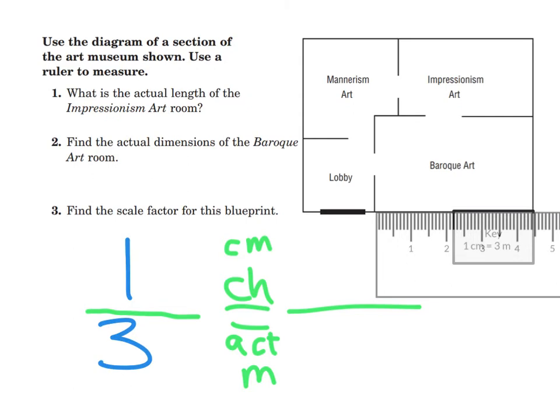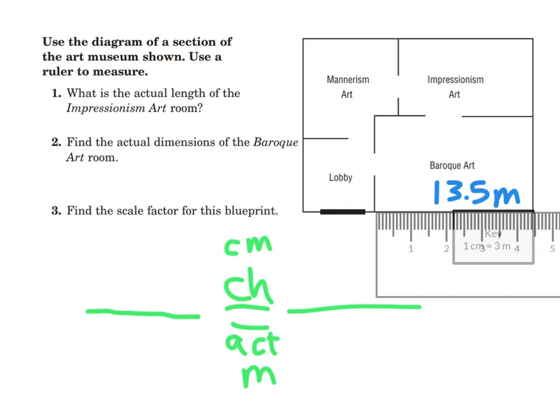And then I measured a changed dimension of 4.5 centimeters. I'm ready to multiply and divide to get my actual measurement for that distance right there. When I do that, I get 13.5. So that distance across the Baroque art room is 13.5. And remember, we put in centimeters, but it's going to give us out meters as our label.